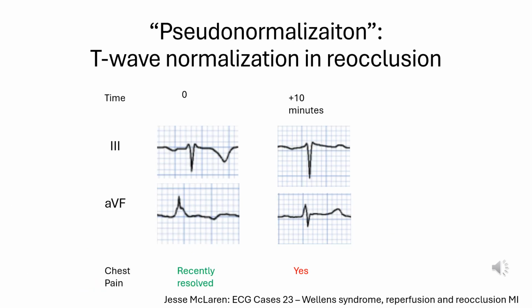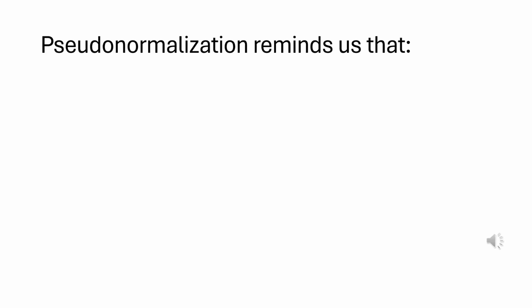An important concept to take away from this example is pseudonormalization. In the setting of acute reperfusion, initial ECG changes may be virtually indistinguishable from a patient's baseline ECG. Pseudonormalization underscores several important realities of diagnosing acute coronary syndrome.